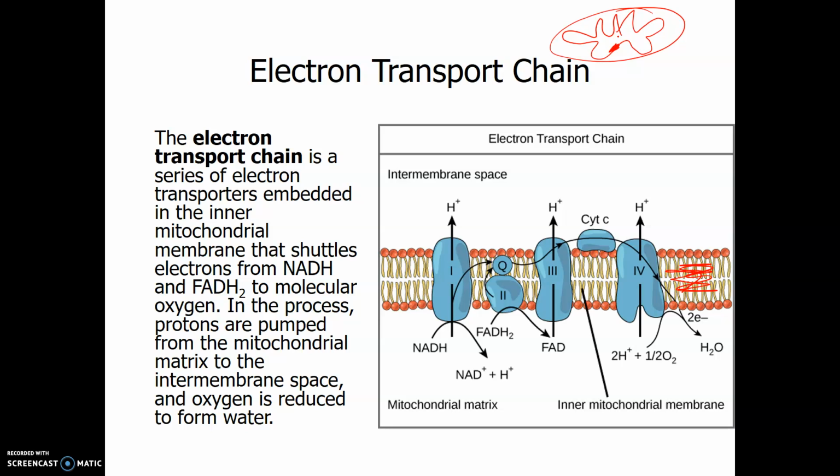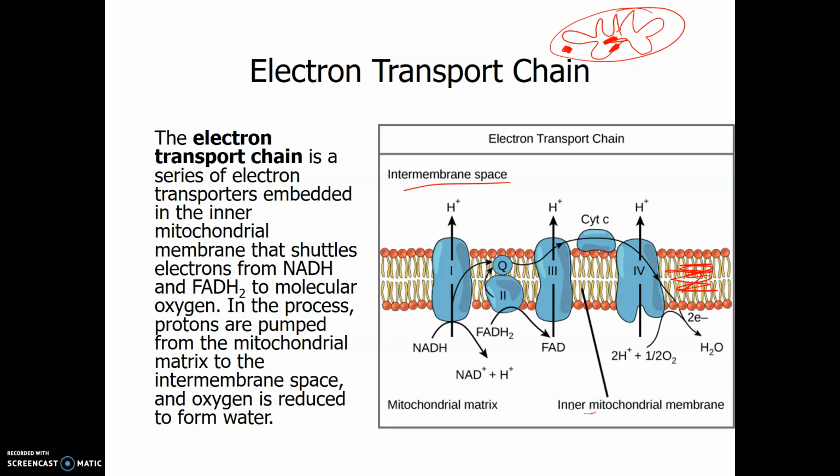Is called the cristae. So when you see intermembrane space, that's referring to this space. And then when you see inner mitochondrial membrane, that's this membrane. And then the mitochondrial matrix is referring to this inside here, this space inside of the inner membrane. So there's an inner membrane, there's an outer membrane.